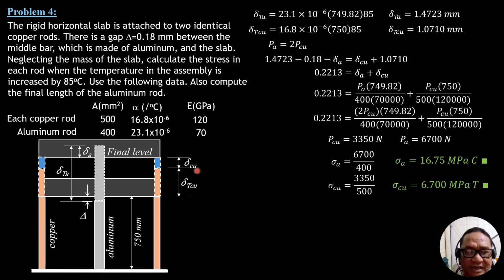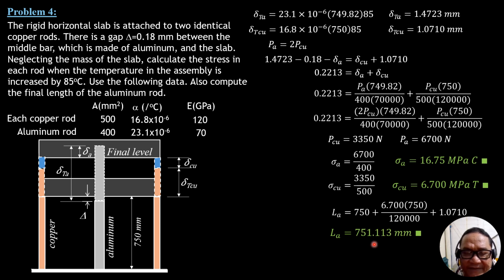So delta Cu is stress in copper times length over E. So L final of aluminum is 750 plus delta Cu, which is stress in copper times length 750 divided by E, plus delta TCu, which is 1.071. So therefore, the final length of the aluminum rod is 751.113 mm.